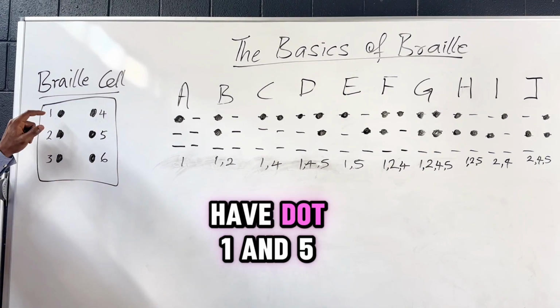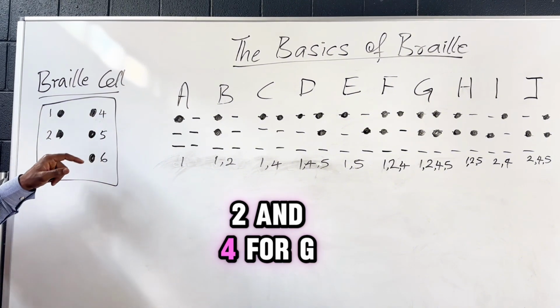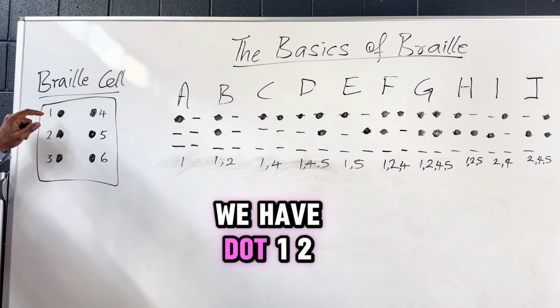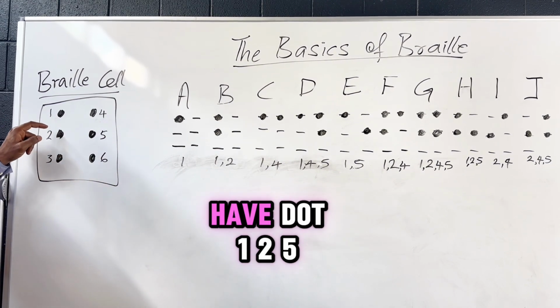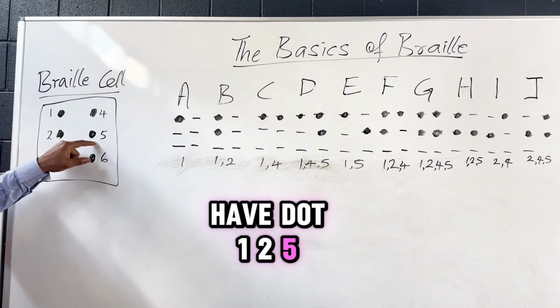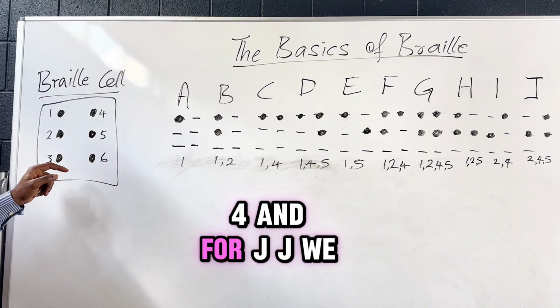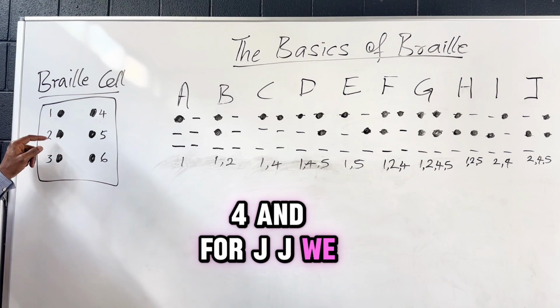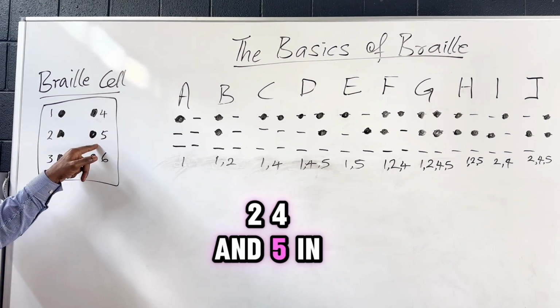E, we have dot 1 and 5. For F, we have dot 1, 2, and 4. For G, we have dot 1, 2, 4, 5. For H, we have dot 1, 2, 5. For I, we have dot 2, 4. And for J, we have dot 2, 4, and 5.